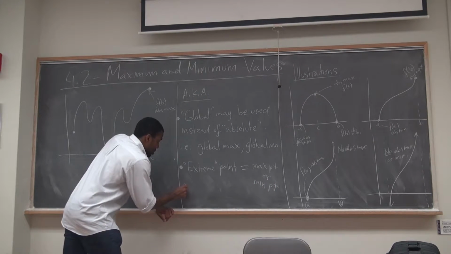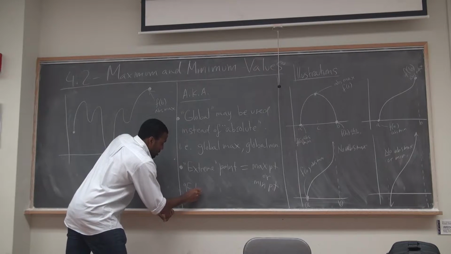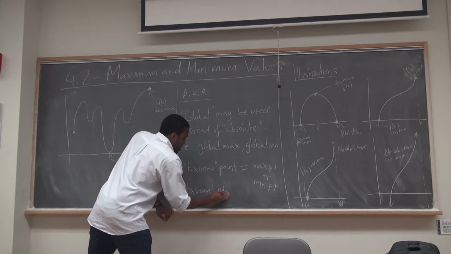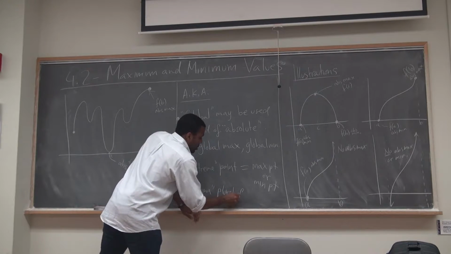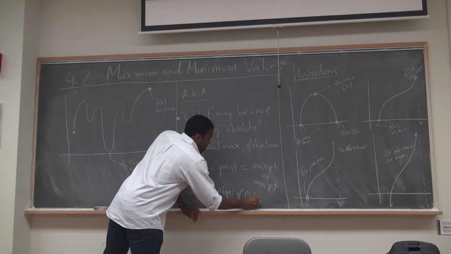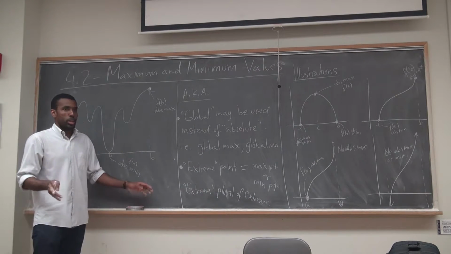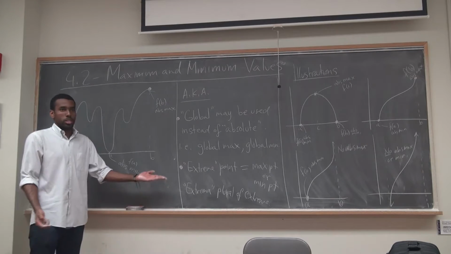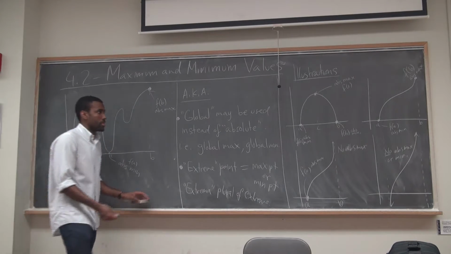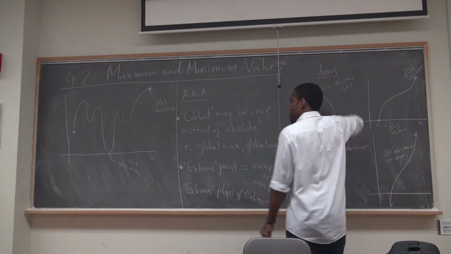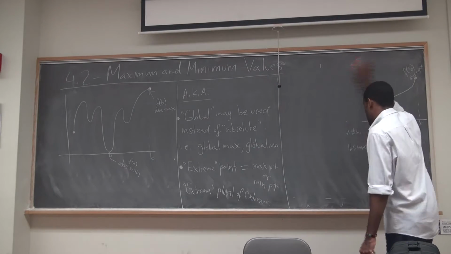And the word extrema is just the plural of extreme. So on some of the files you might see them ask you, find the absolute extrema, right? They really just mean find the absolute maximum and minimum. Or find the global extreme values. It's the same as absolute max and min.